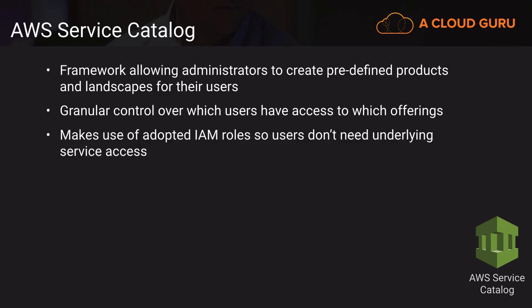And it makes use of adopted IAM roles so that the users don't need the underlying security required to deploy those solutions. And this is huge because what this means is that I don't have to manage the individual IAM rights and roles for individual users. I can deploy a service on Service Catalog, and then they can, via push button, deploy it and have access to it.